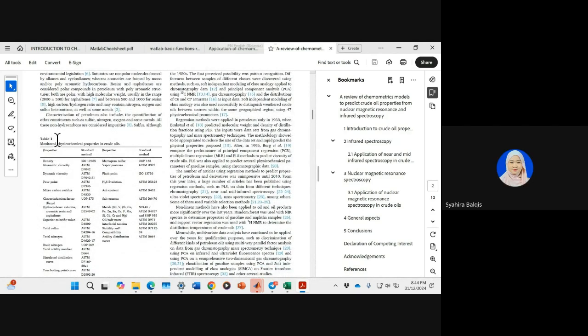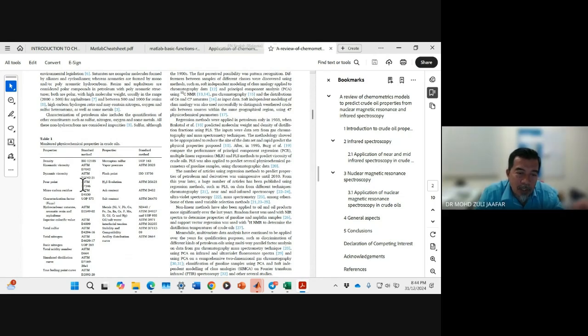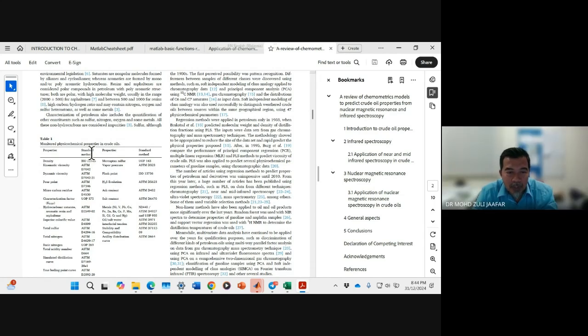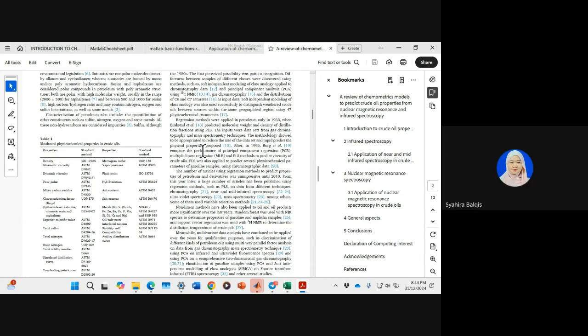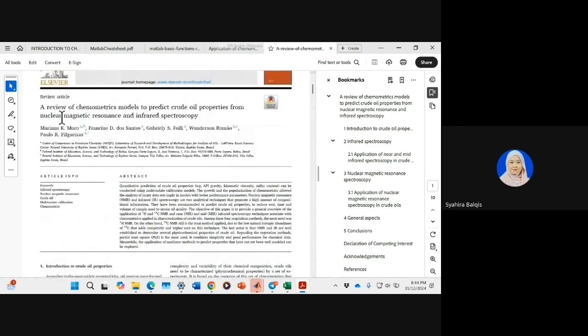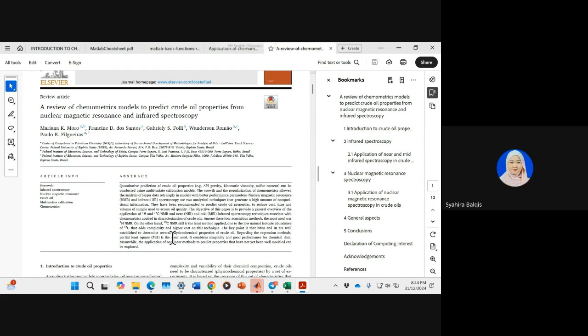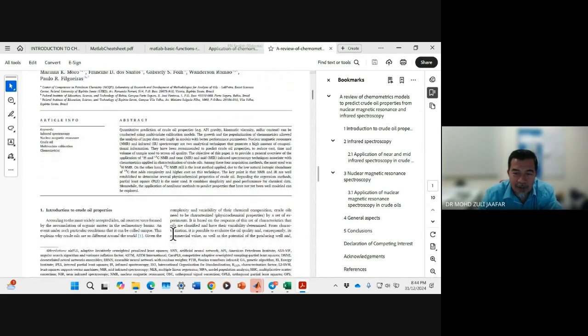You have oils and you have methods to predict the properties. So they want to model the property of this crude oil by using the spectra or the data set, using NMR and also IR spectroscopy, nuclear magnetic resonance. So they are performing regression by using partial least square. Okay. Good selection of paper.